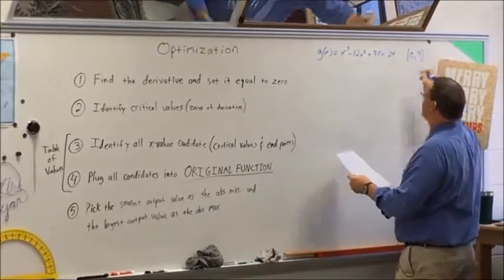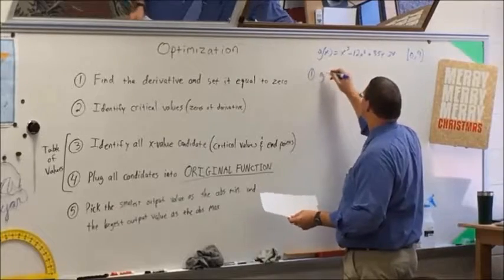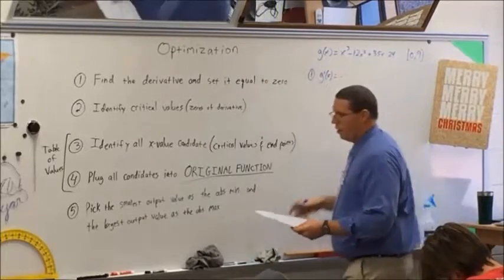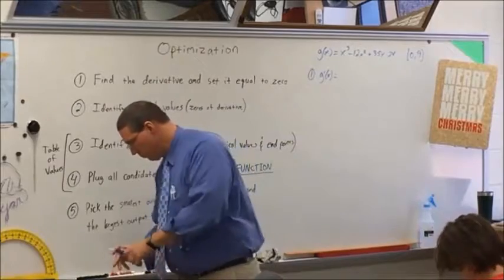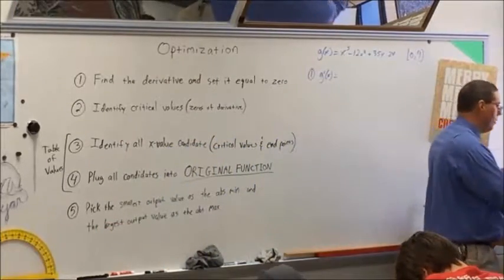Right? Okay? So why don't you go ahead and do step 1. You don't need a calculator for step 1. While you're doing that, I'll get a calculator ready, and I have my overhead ready.